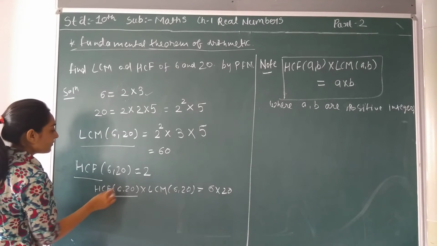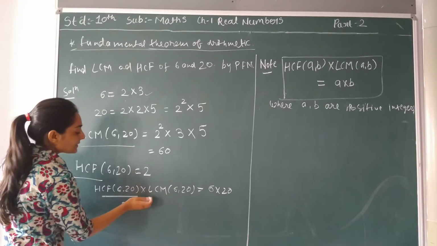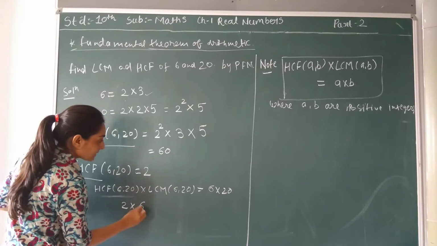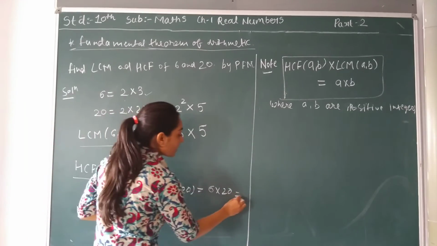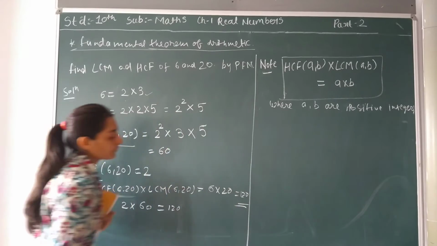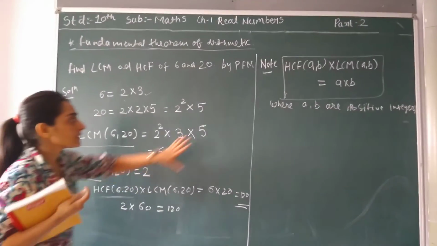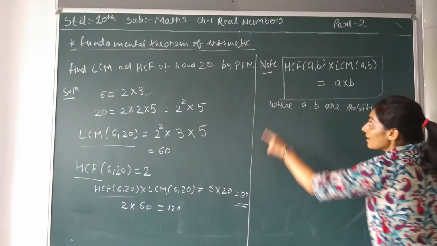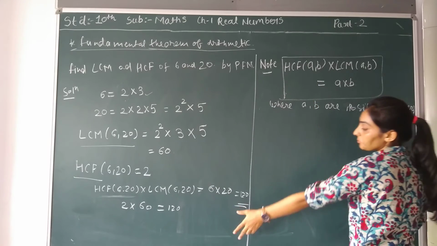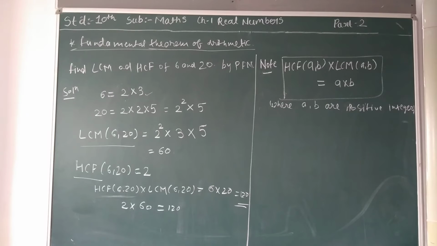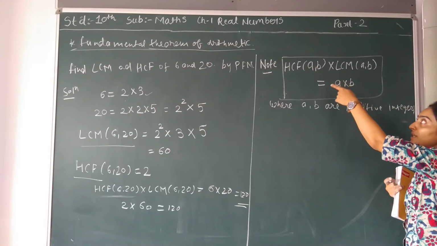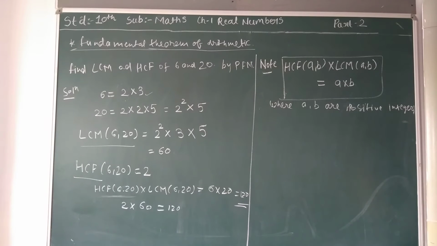Here the HCF is 2, the LCM is 60. What's the answer? 120 only. And 6 times 20 is again 120 only. Hence HCF of A and B multiplied with LCM of A and B equals A multiplied with B.